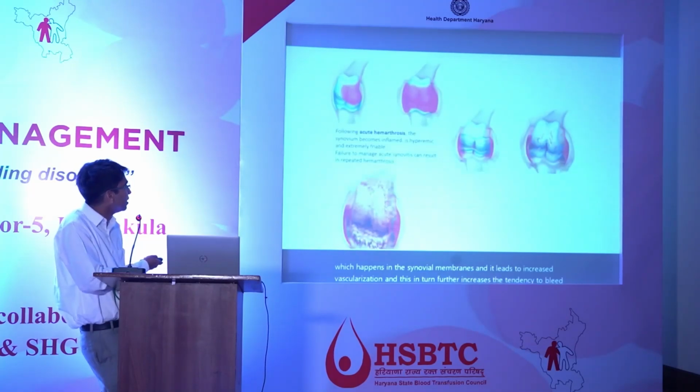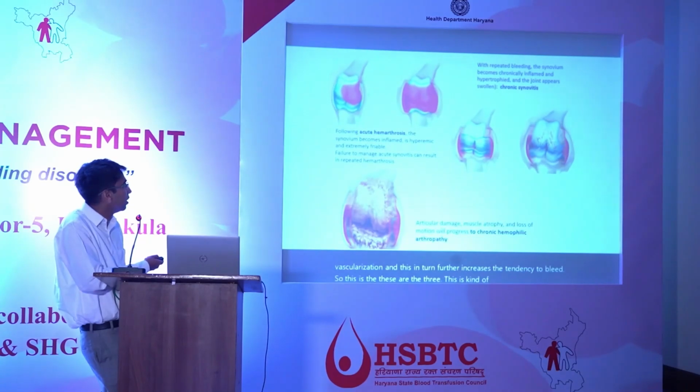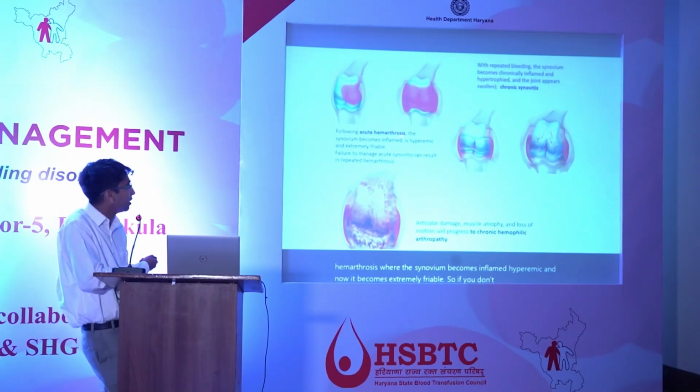This is the pathogenesis of the 3 stages of hemophilic joint disease. It starts with acute hemarthrosis, where the synovium becomes inflamed, hyperemic, and now it becomes extremely friable. So if you don't manage the joint bleed at this stage, this friable synovium will tend to bleed more, and with repeated bleeding, this becomes chronically inflamed and hypertrophied.